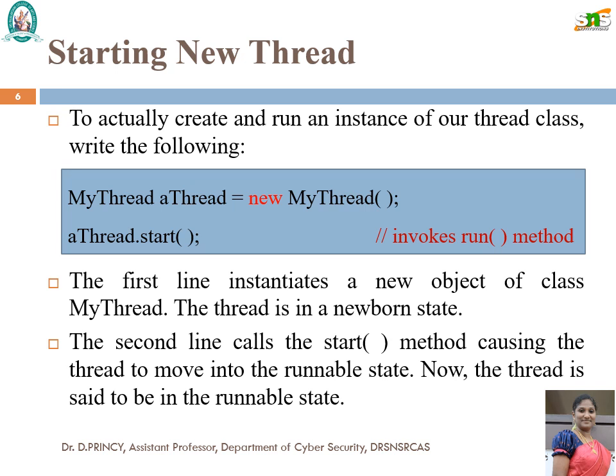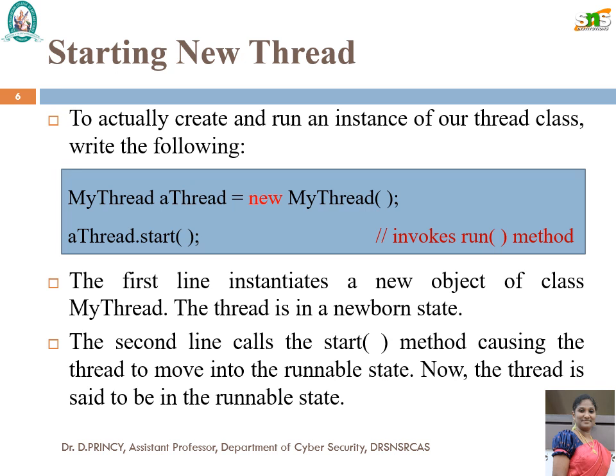Starting a new thread. After extending a class and implementing the run method, we have to call the thread explicitly by using the start method. Creating and running an instance of a thread class will look like this. MyThread is the class which we defined, followed by an object name, aThread, equal to the new operator, which creates memory for the MyThread class and calls the MyThread constructor.